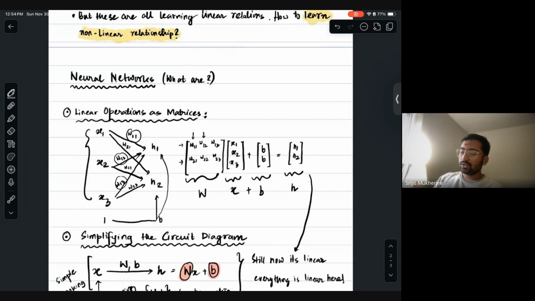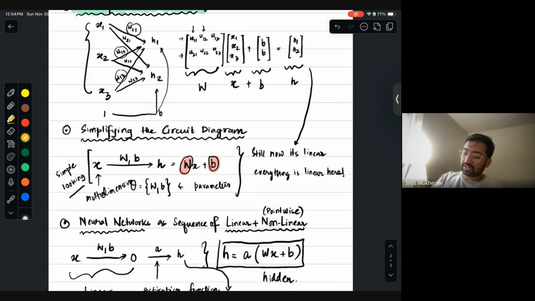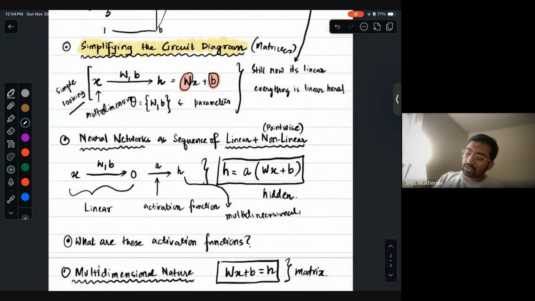Got it, guys? So in this case, we are talking about neural networks. To revise, we first discussed what linear operators can be expressed in matrices. Second, we simplified the circuit diagram in terms of matrices, so it made it very simple. And now we are going to discuss neural networks as a sequence of linear and nonlinear layers.